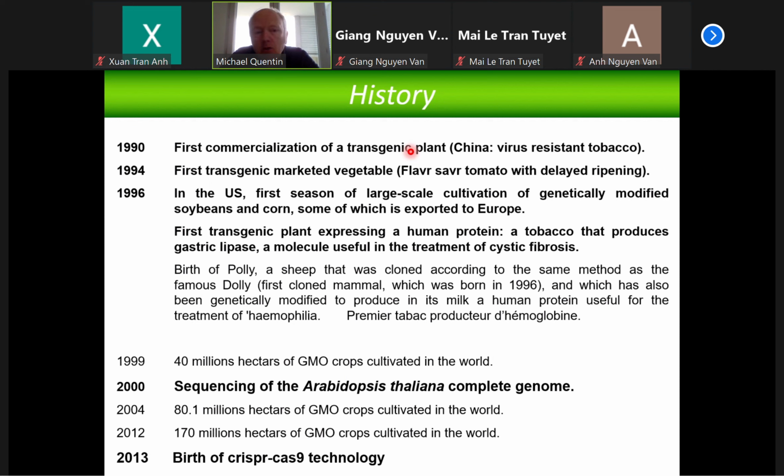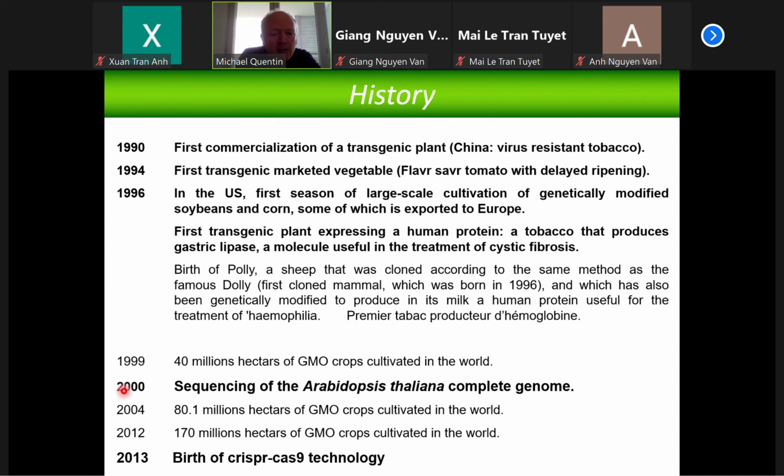And actually, it's only since the end of the 90s that the growth of GMO plants became highly used in the US, most particularly. Okay.